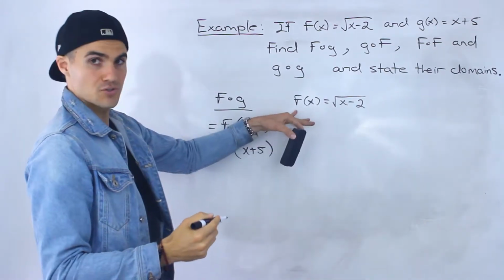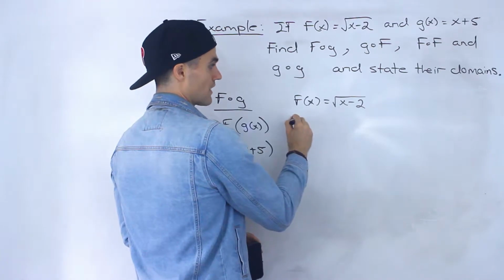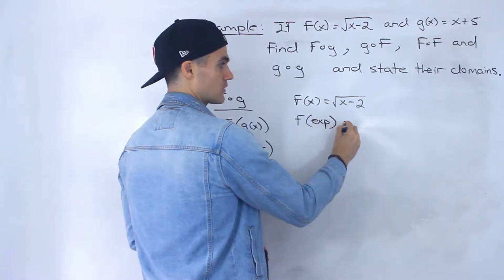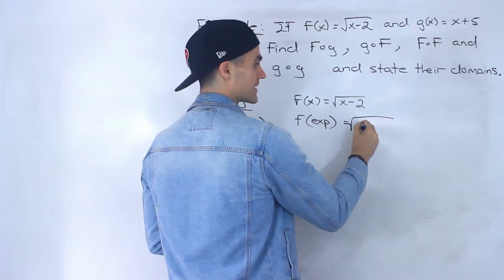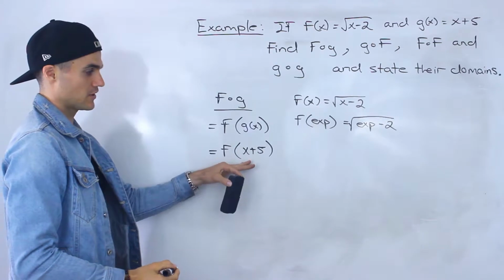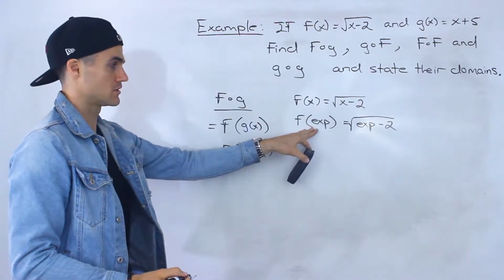And really, we can generalize this further. If f of x equals the square root of x minus 2, then f of any expression is equal to the square root of that expression minus 2, which is what we're dealing with here, because notice that in the bracket we don't have an x, we have an expression.